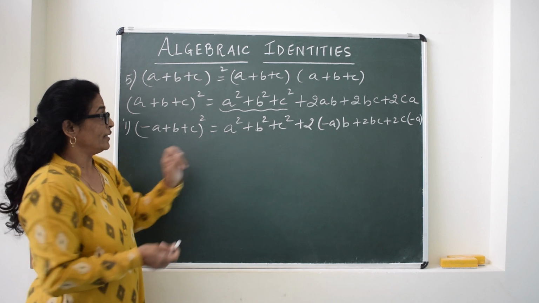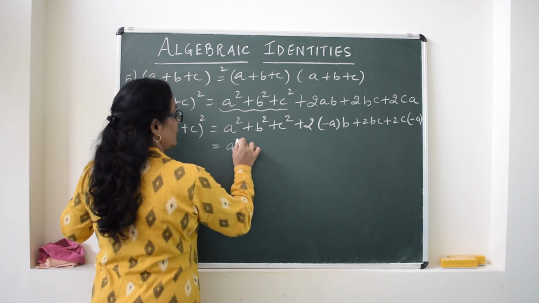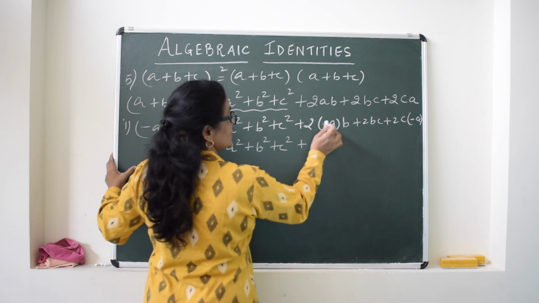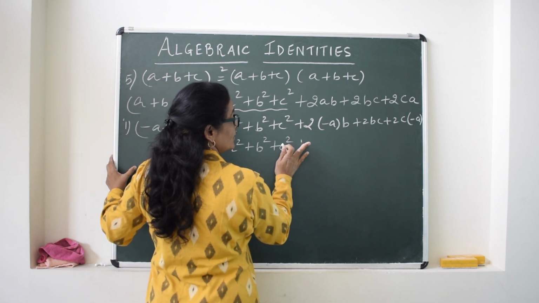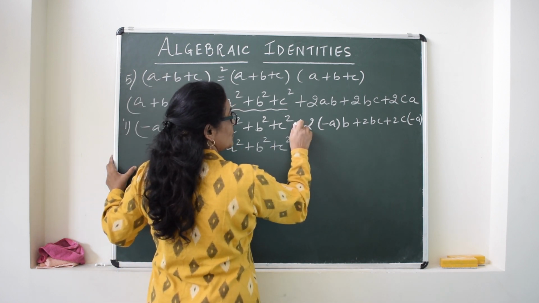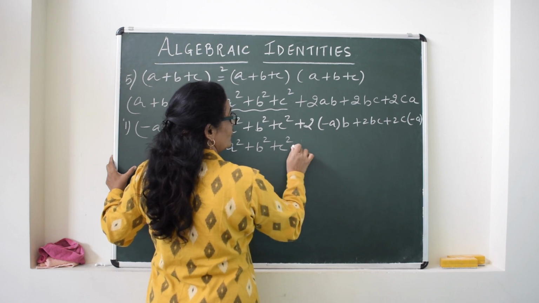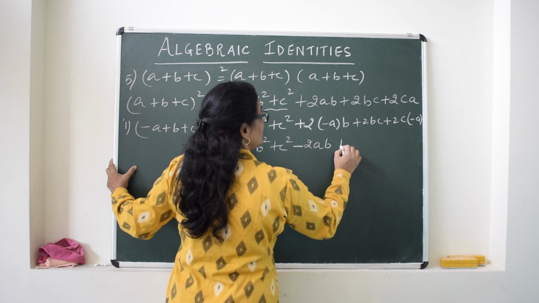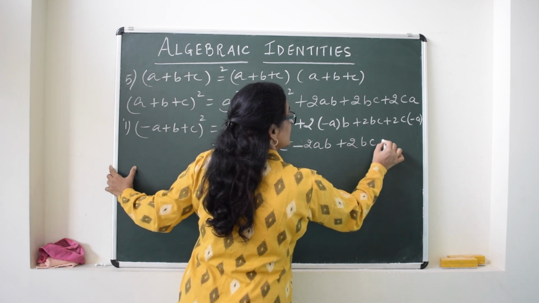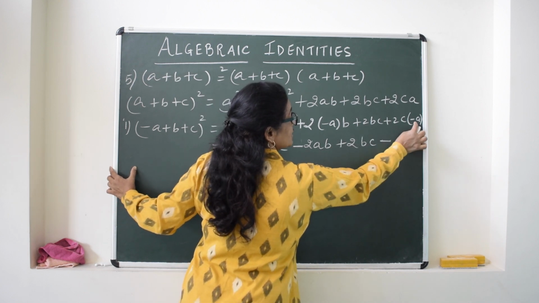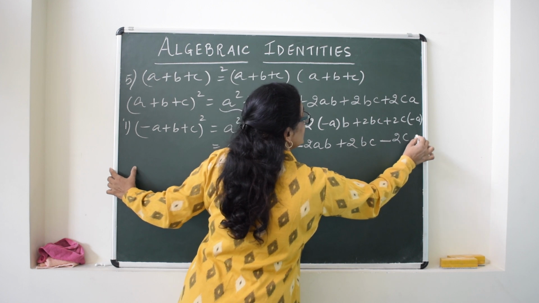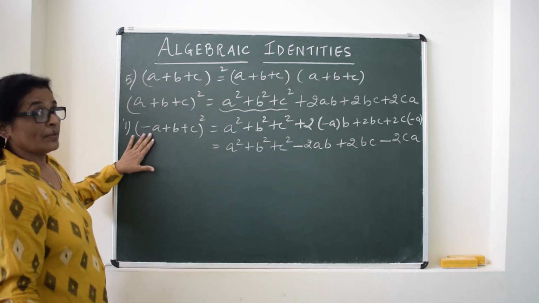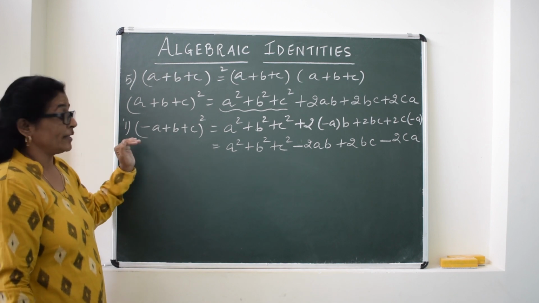So ultimately the expansion will be, in place of this plus, now this will become minus. Why? This positive and negative will make this term negative. So minus twice ab plus twice bc again. This is positive, this is negative. So this is the change. Clear?